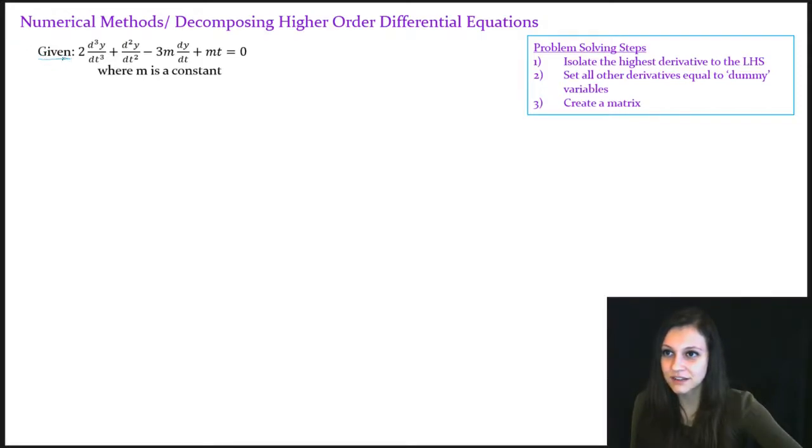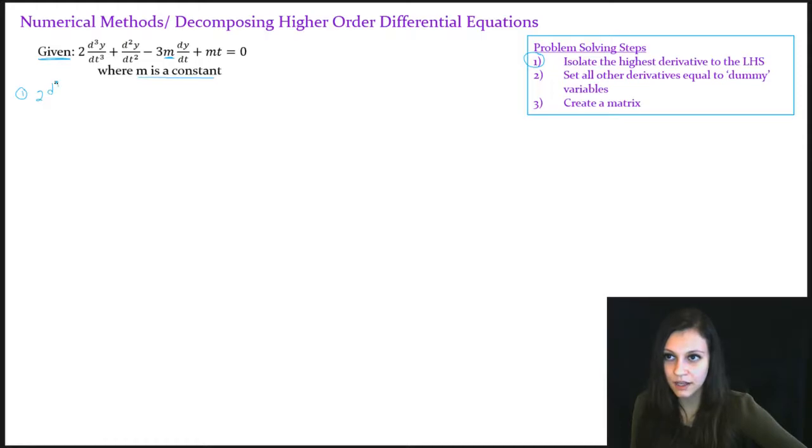I have this given differential equation here, and m in this differential equation is just some arbitrary constant. You can just think of it as some random number that stays in the differential equation. So the first thing I'm going to want to do is isolate the highest order derivative to the left-hand side. So I'm going to take and rewrite my differential equation.